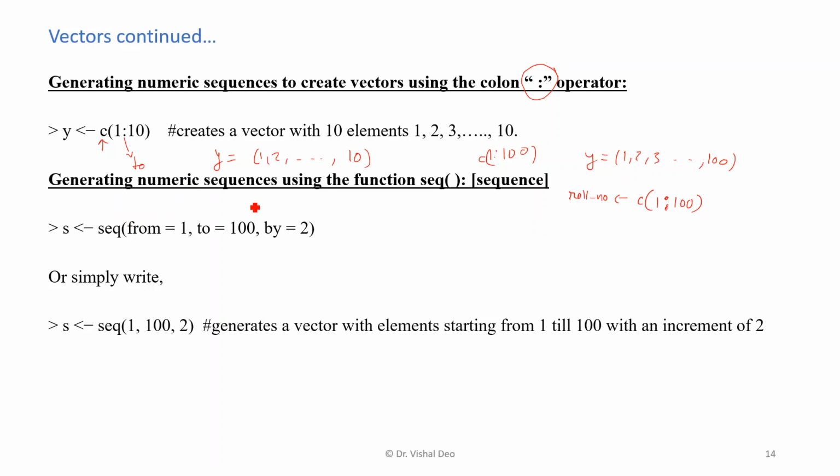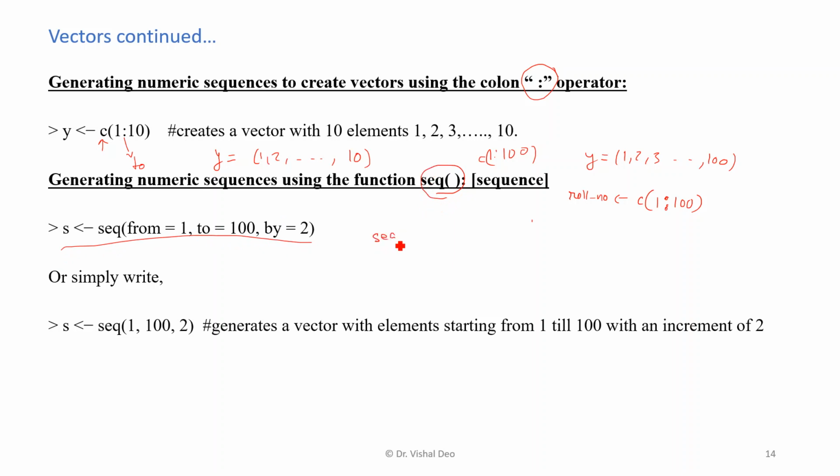Now suppose you want to create a sequence, but you want to use an increment value. Suppose we want all the odd numbers to be saved in a particular vector. So there is a function called seq, which is for sequence.